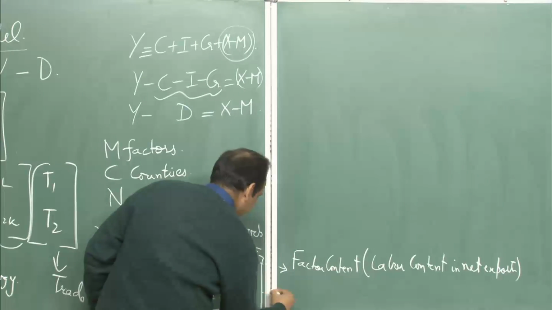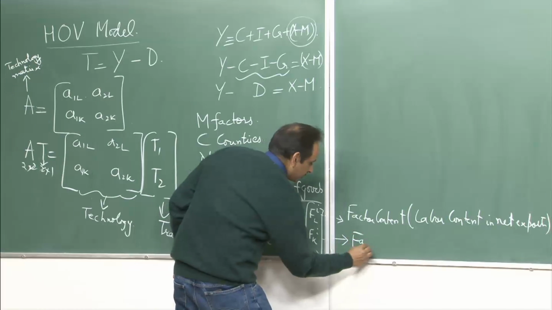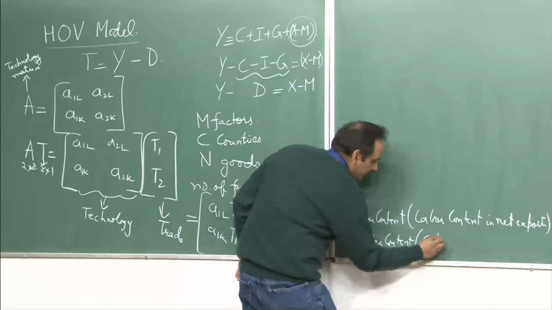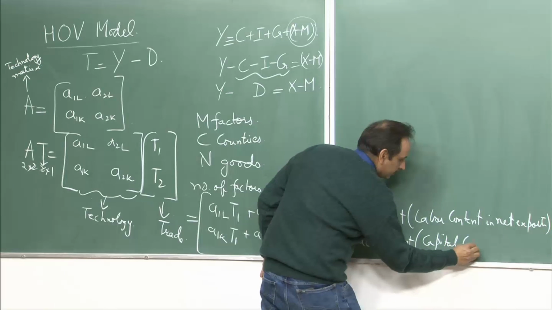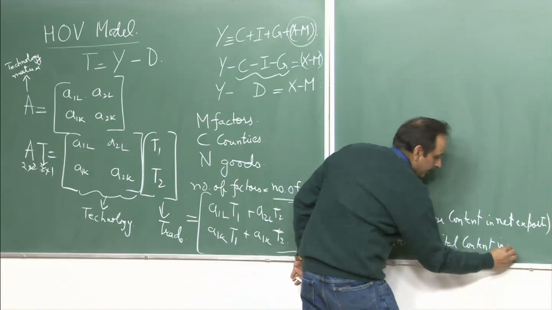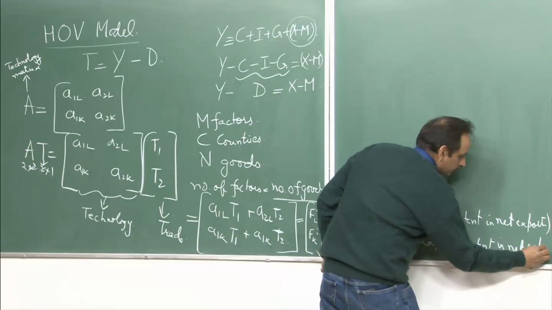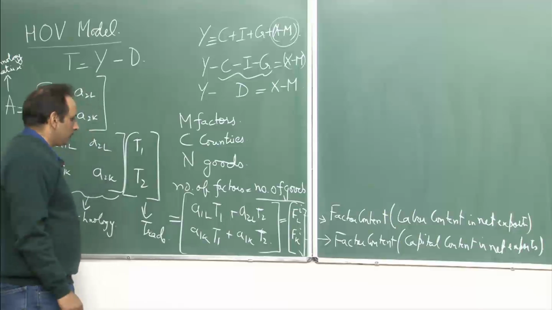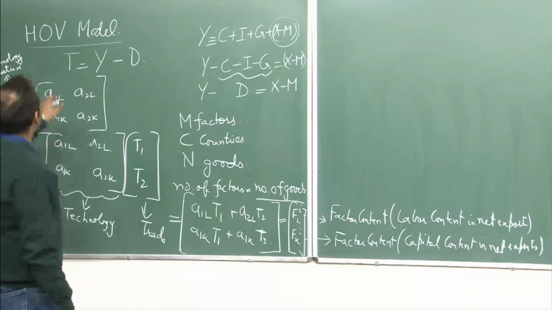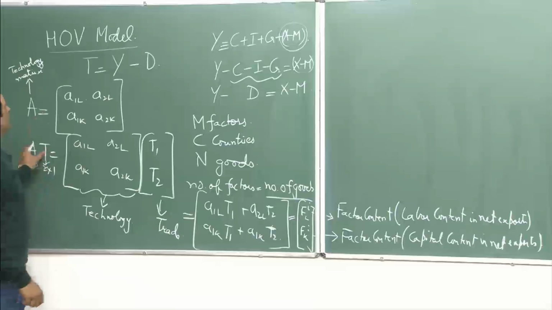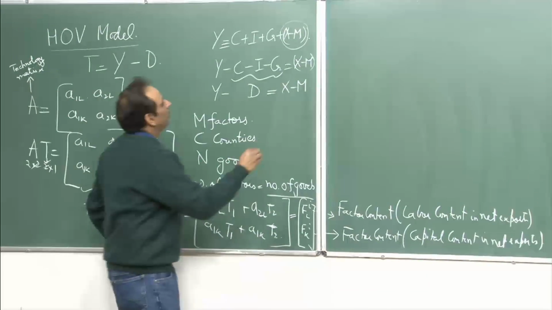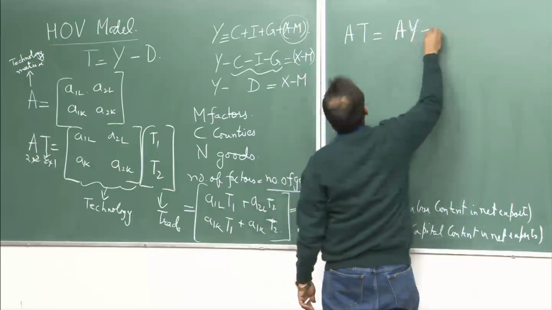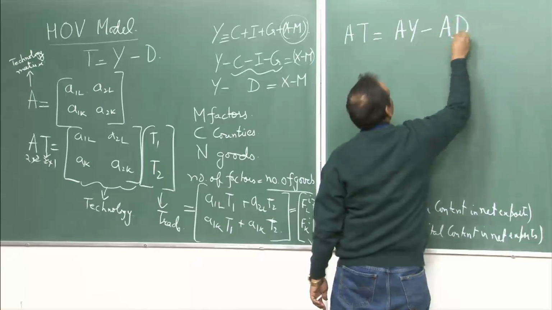More specifically, this will be the capital content in net exports. So, AT would become the left side. This model can be written as AT is equal to AY minus AD.